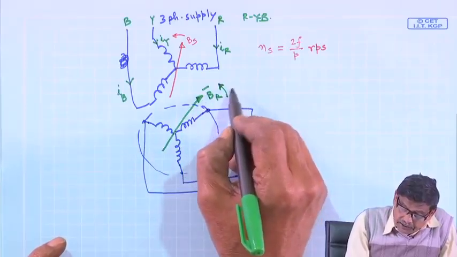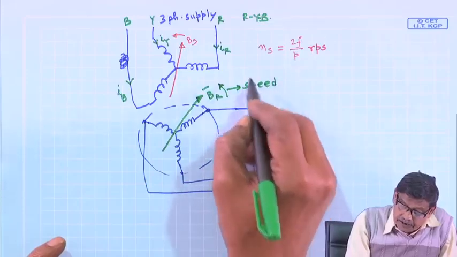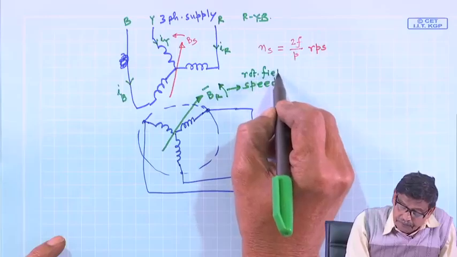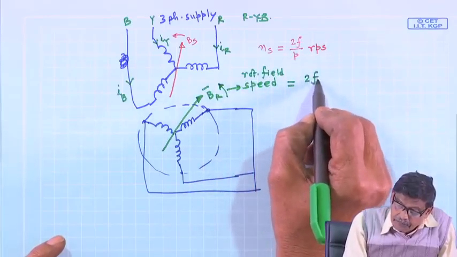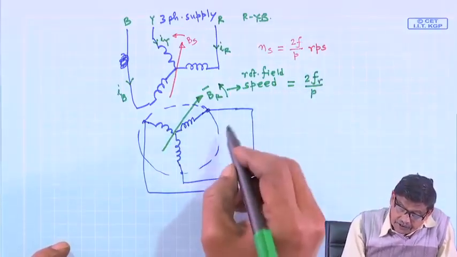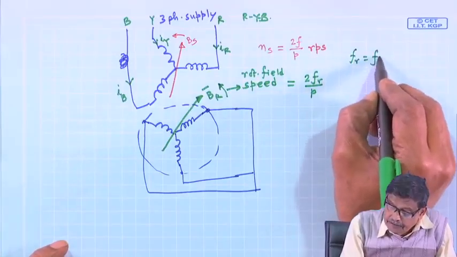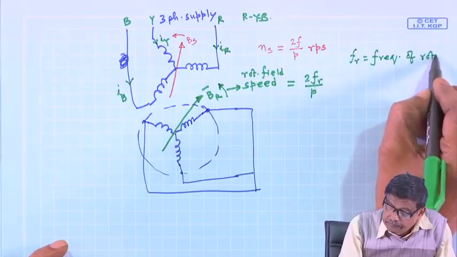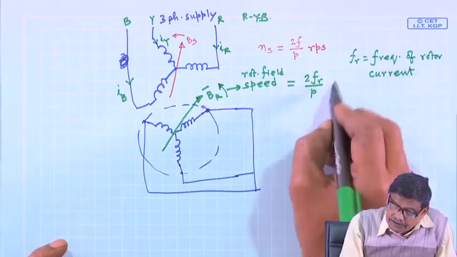The rotor field speed will be equal to 2 Fr by P. What is Fr? Fr is the frequency of the rotor current, and so much RPS.